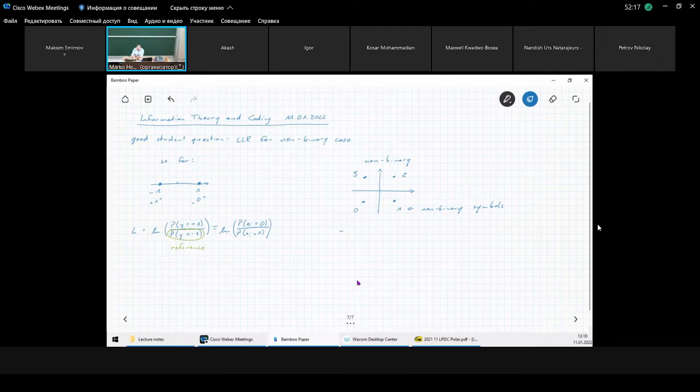Choose one reference. For example, I could choose the 0 symbol.